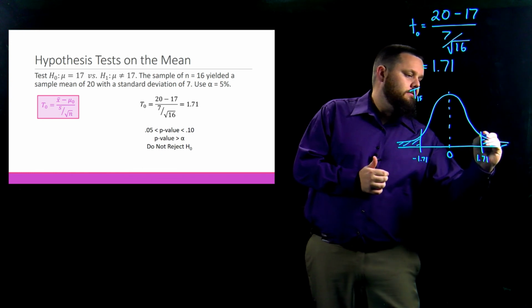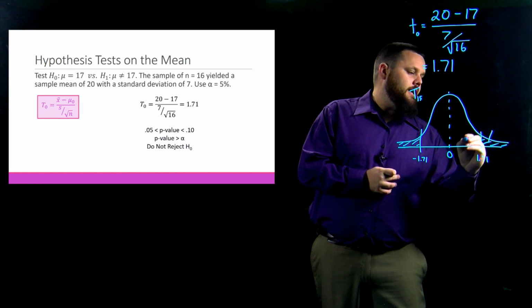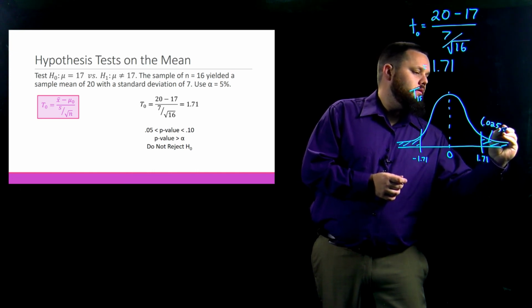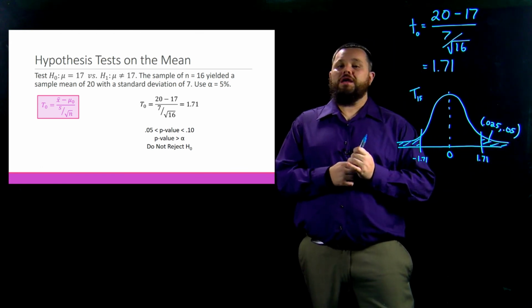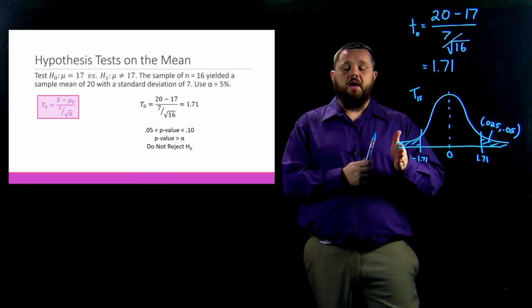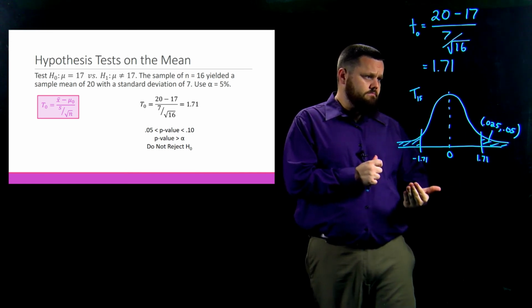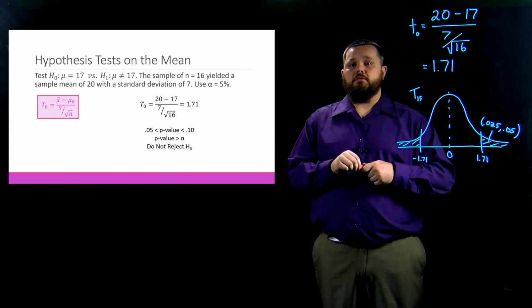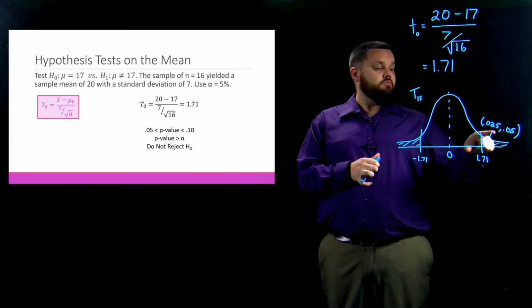So that means this area, whatever it is, is at minimum 0.025, at maximum 0.05. So that area is going to fall somewhere in that range. Same thing could be said about the left tail. If we want to find our p-value, we want the area in both tails combined. So to get the area in both tails combined, we could just multiply this by 2.